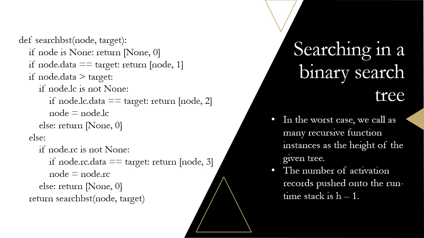From this, I can deduce that the time and space complexities for searching in a BST are both O(h), where h is the height of the tree. If you have the worst BST, then h would be equal to n. For most balanced BSTs, h is nearly equal to log n.